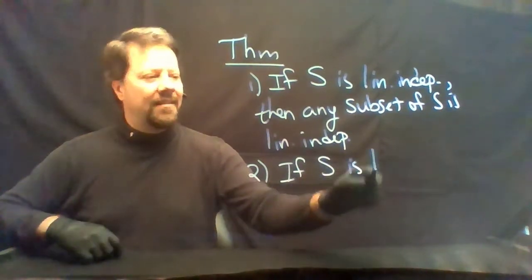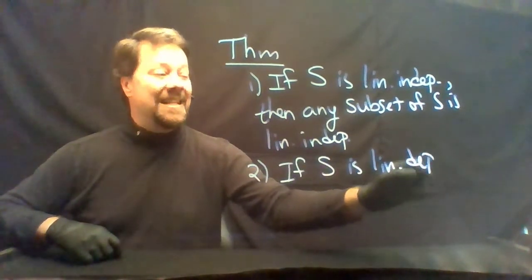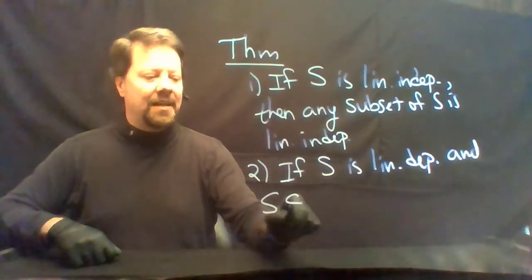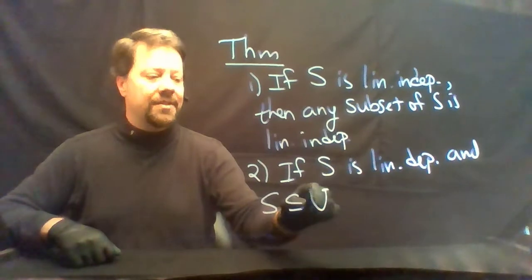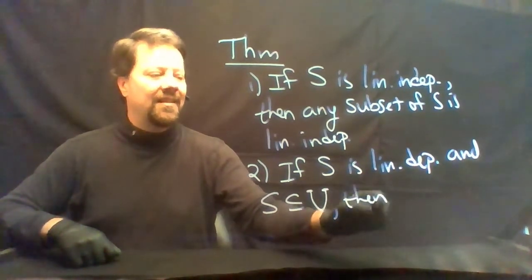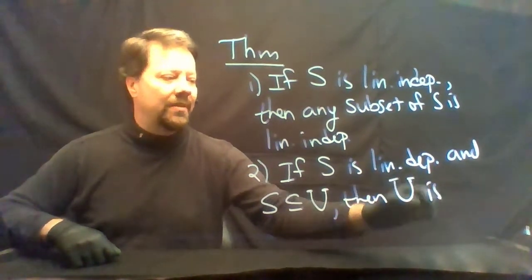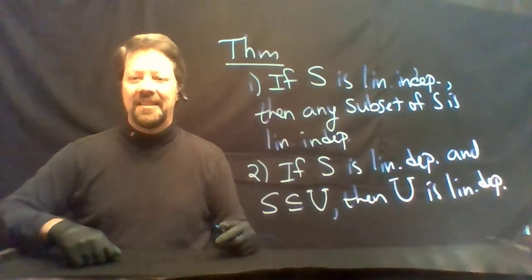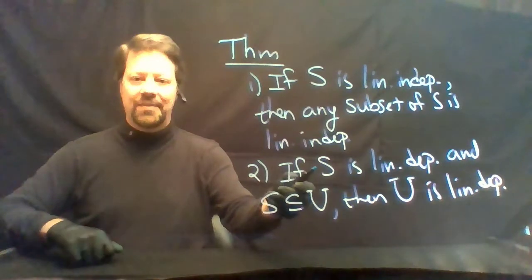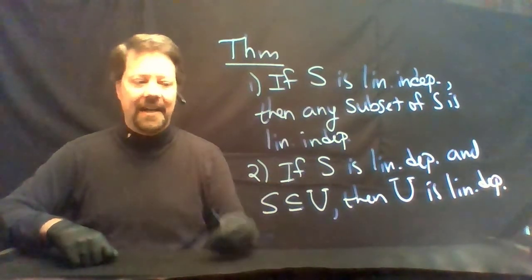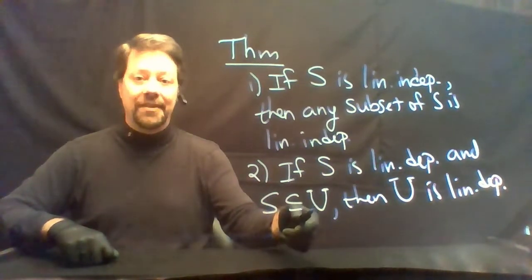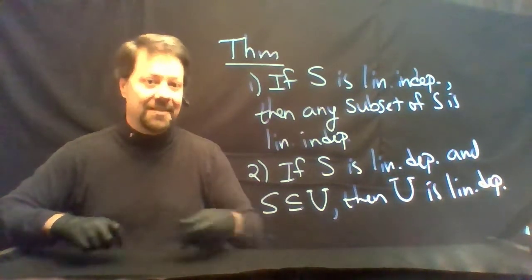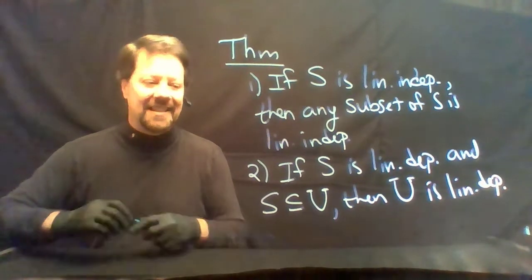If S is linearly dependent and S is a subset of some larger set U, then U is also linearly dependent. If you can already express some vector as a combination of the others, throwing more vectors in doesn't cure the situation. You can still represent other vectors by vectors within the set.